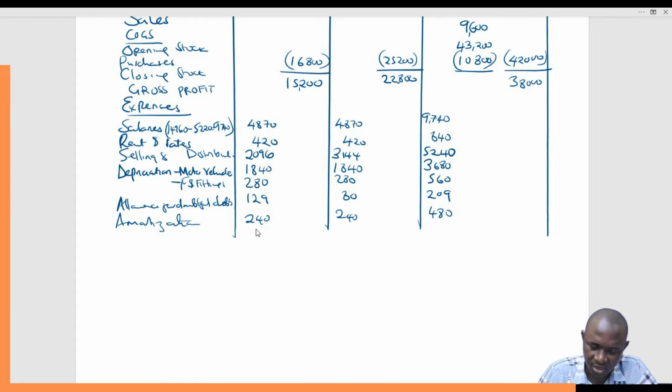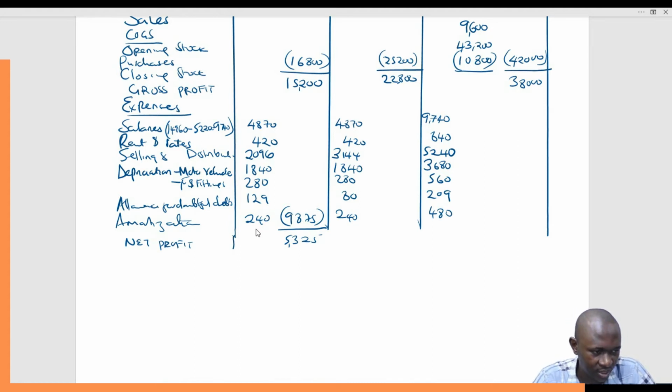That gives us 9875. We'll come here and say 9875, put in brackets, and then this is minus 15200. We already have our answer this side, 5325. That becomes our net profit, the first half.